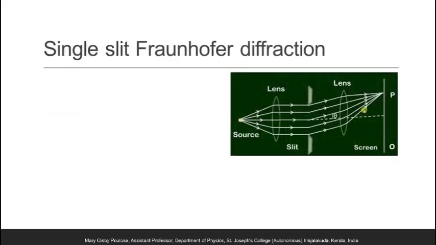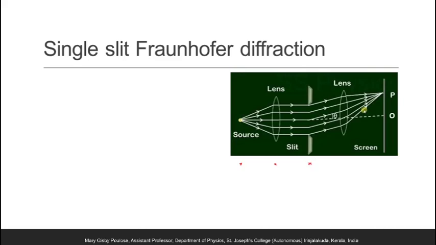Now let us look into single slit Fraunhofer diffraction. In this setup, the source light is placed at a particular position, and in front of it we place a convex lens. The convex lens is placed so that the emerging beam from the source is made into parallel rays, and the parallel rays fall upon this slit.